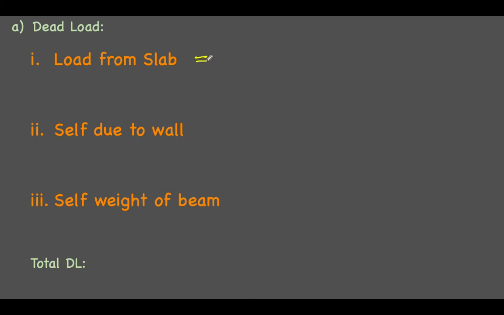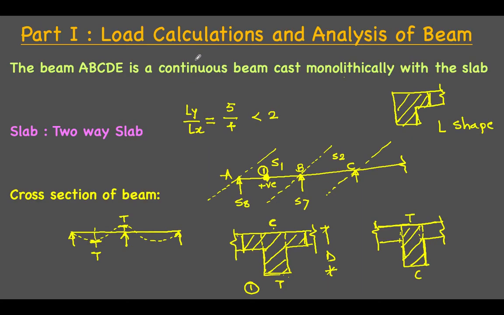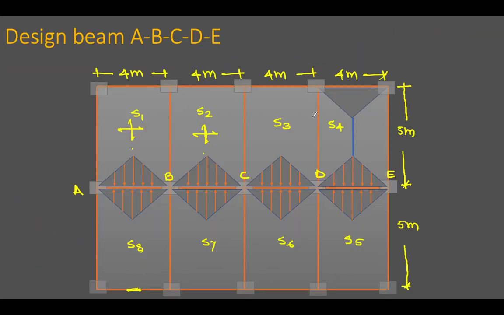Now when we have to consider load from slab, we have already identified that we have a two-way slab. And let's say we are considering this beam, the beam under consideration DE, or any of the spans. Now you can see I have considered this panel, say S4. What does the code say about how to transfer load from slab to beam?